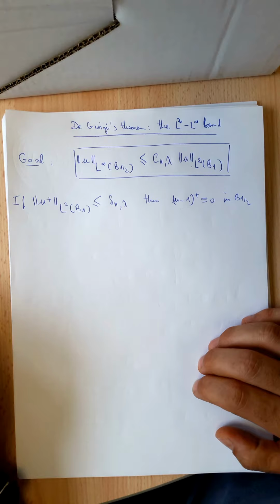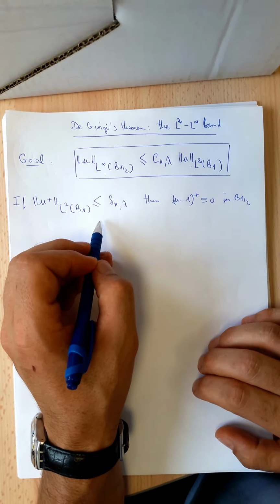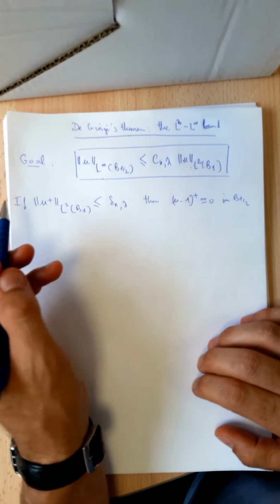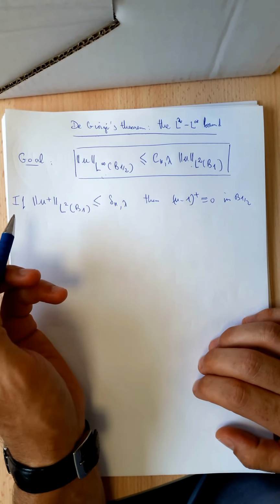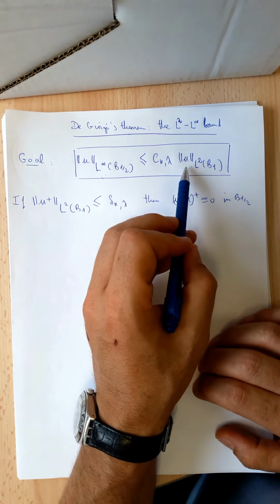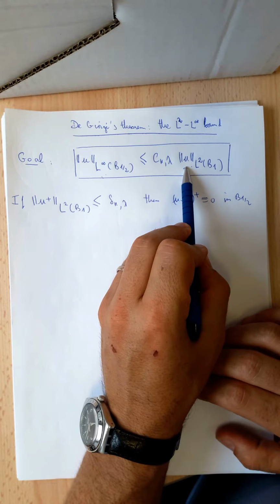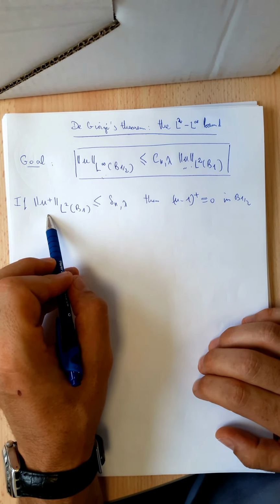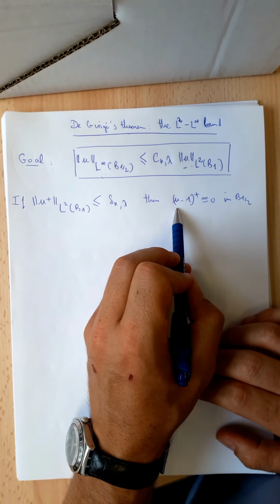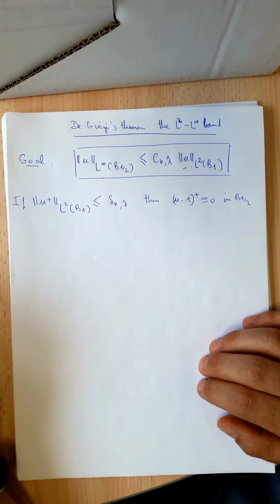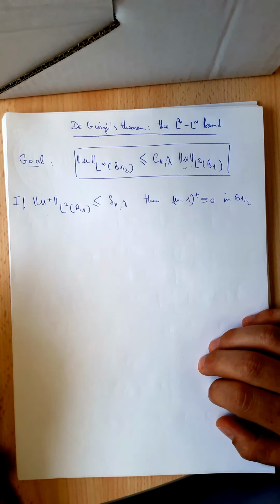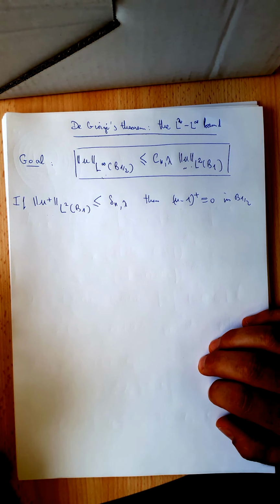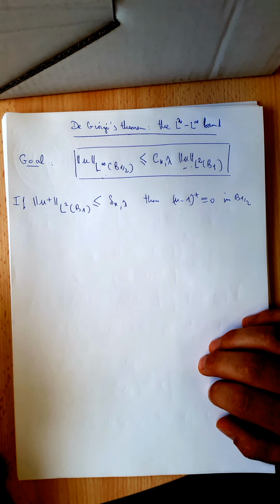Okay, so why is this thing enough to prove this inequality? Well, you see, first, if the L2 norm of u is smaller than some delta, then also the L2 norm of u plus is going to be less than some delta. And so we'll get already that u is less than 1 in the ball of radius 1/2. And now if you apply the same reasoning to minus u, which solves the same equation, then you'll get also that u is bounded away from -1.